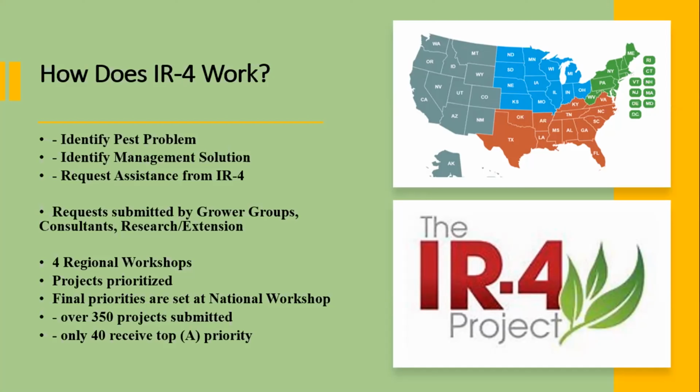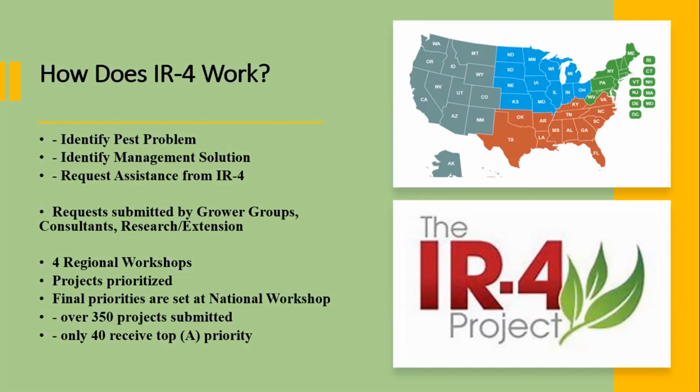So let's say you have tomato growers or some specialty crop in your area that's really important, like for us with sugarcane, for instance. We go before the regional workshop and plead our case, and it's up for consideration.